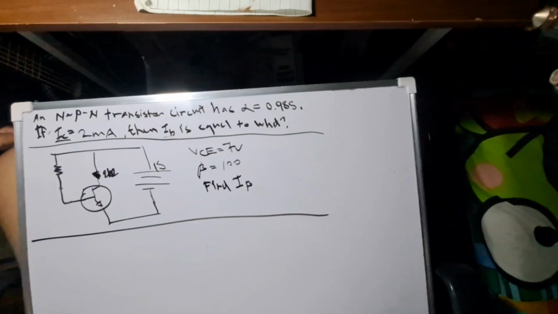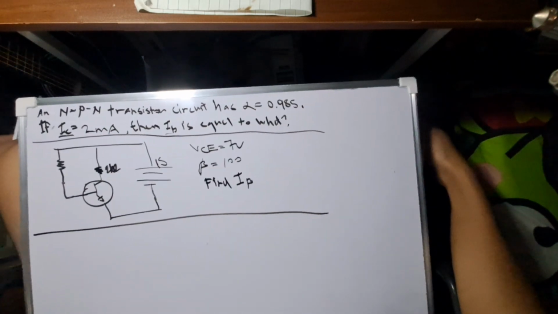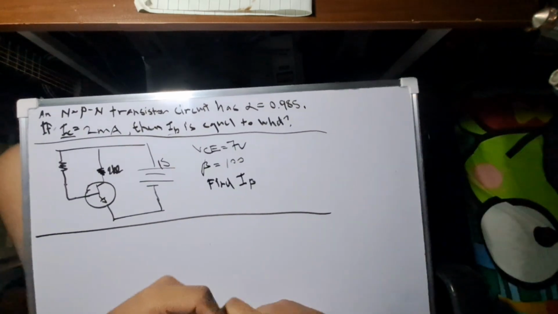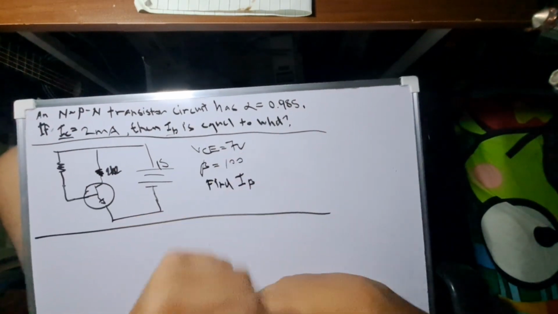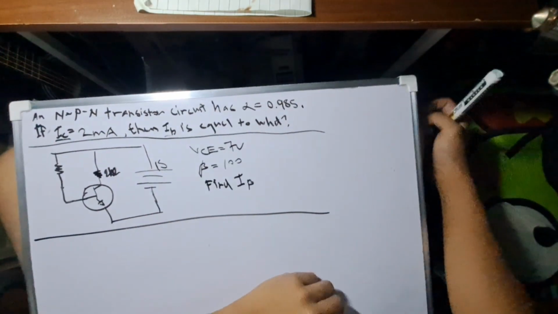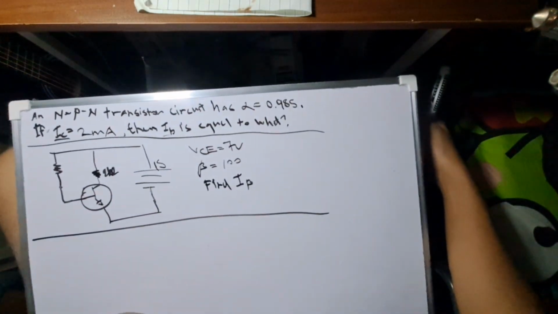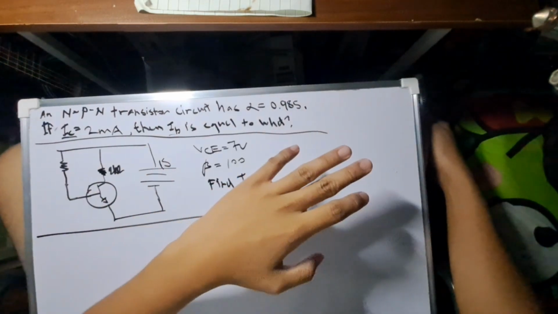An NPN transistor circuit has an alpha of 0.985. If IC is equal to 2 milliamperes, then IB is equal to what? So IC and IB. Yung hinahanap natin IB in terms of IC. So tanggalin natin si IE. Pero alam natin si alpha is work alongside IC and IE, hindi IB.